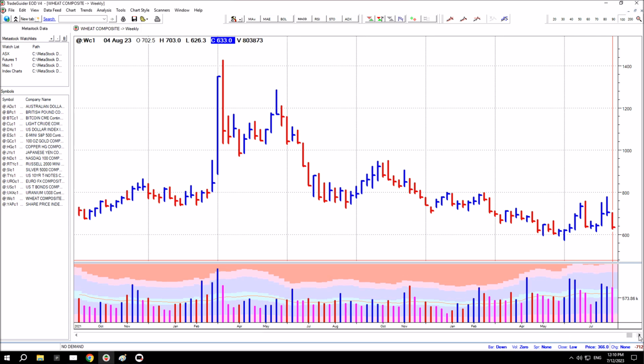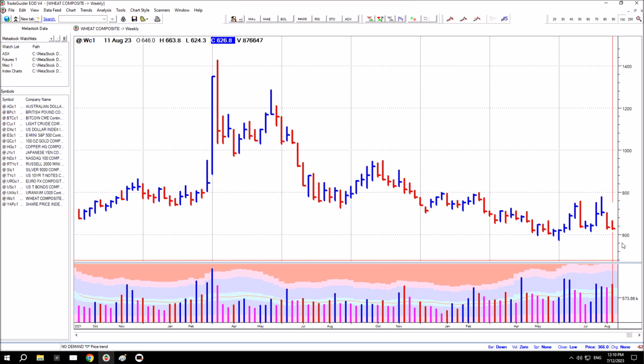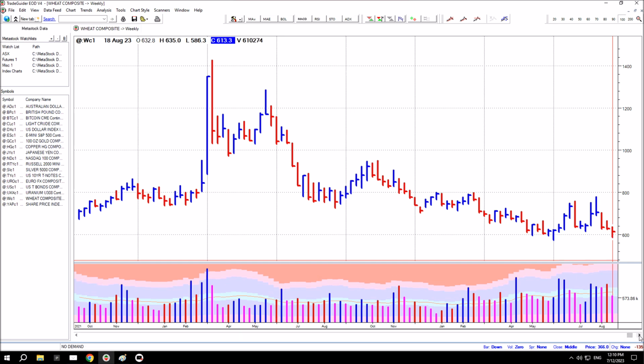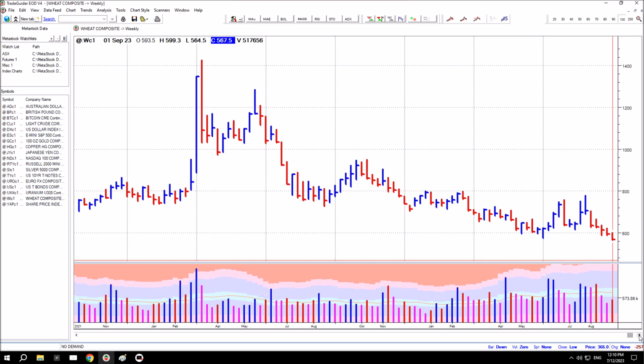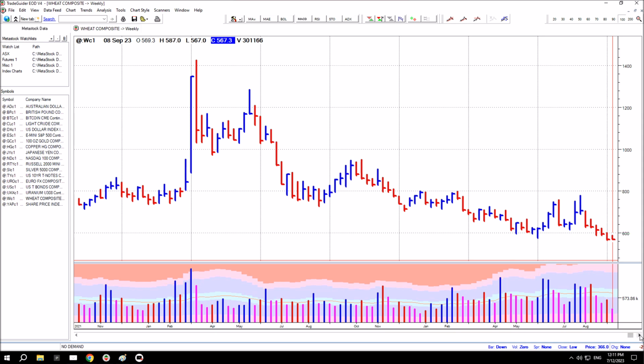There's a down bar in response, a weak attempt to recover, a test for supply, secondary test for supply, and price is trending through that level, this level here.